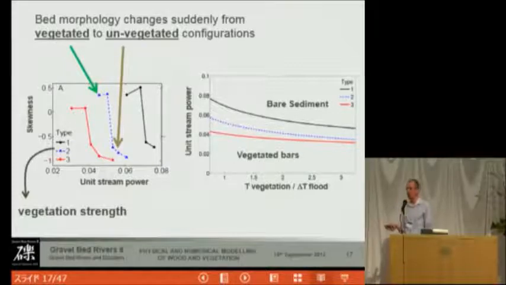And you can take your river and look where it is. This could be useful, for example, if you change the discharge in your river because of dam construction or other impacts on the flow regime. You can see whether, if you are very close to the threshold, the system may go towards a completely different configuration.